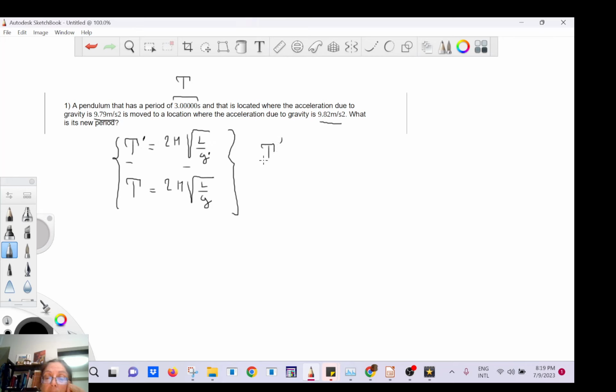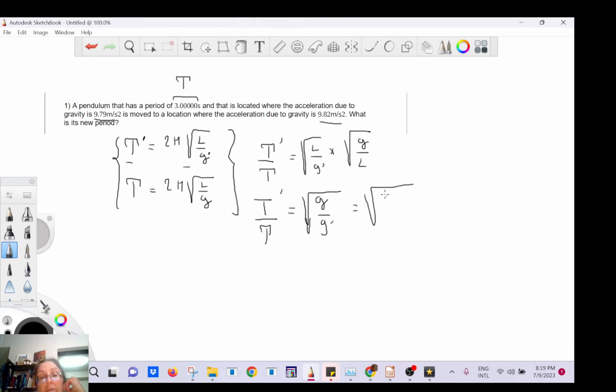Or you can divide the two equations. You have L over g prime, you multiply by the reciprocal, so it's going to be g over L. So T prime over T equals, and then L goes away, you have g over g prime, so it's the square root of 9.79 over 9.82.